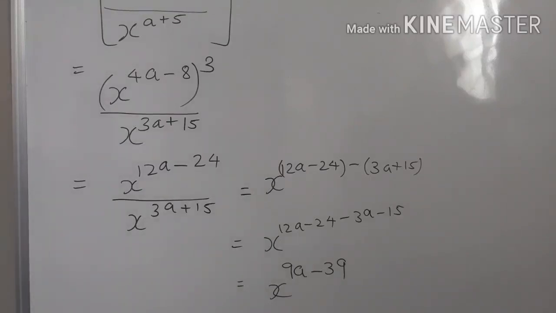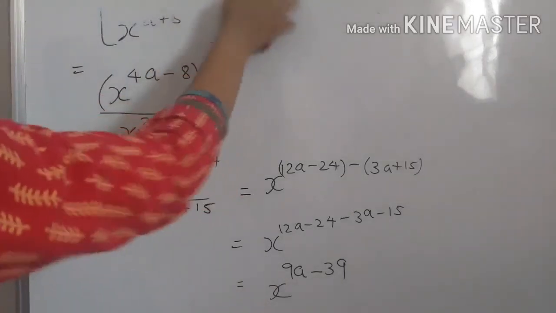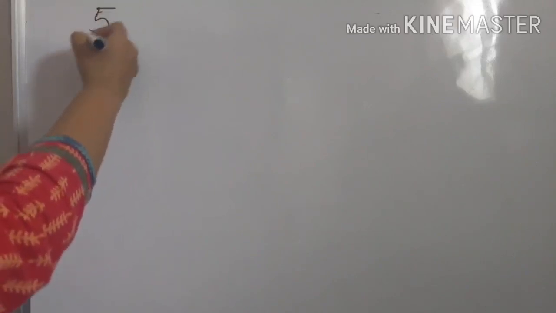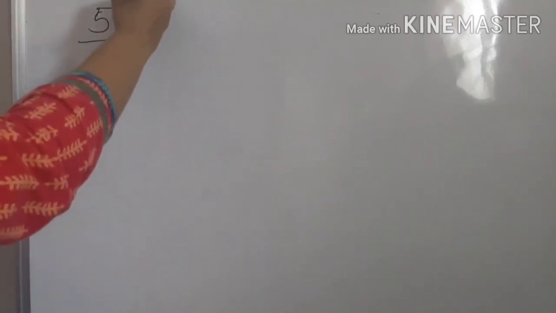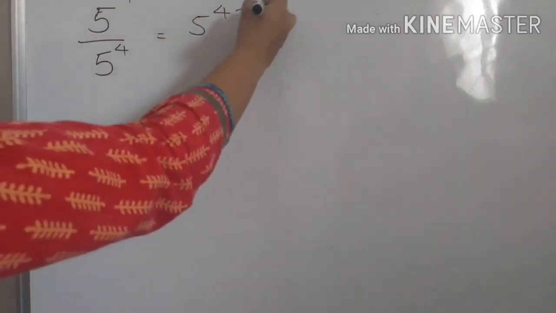We have completed exercise 6a here, all the students. Now let us recall first of all what is zero index. That I already explained, but let me recall it again. What is zero index? Zero index means when you have the base similar, and the powers are also similar, in that case we have to subtract the powers like this.